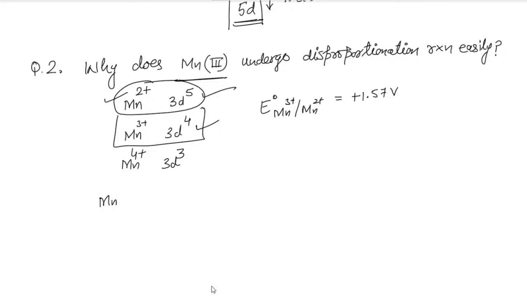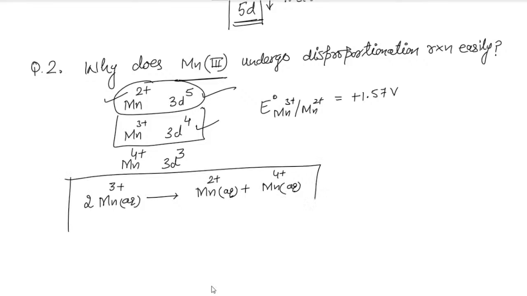So Mn3+ undergoes disproportionation to give Mn2+ along with Mn4+. Two moles of Mn3+ change into Mn2+ and Mn4+.